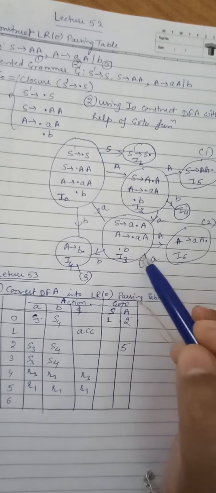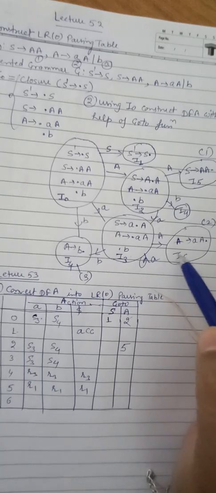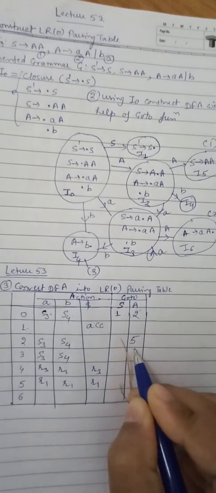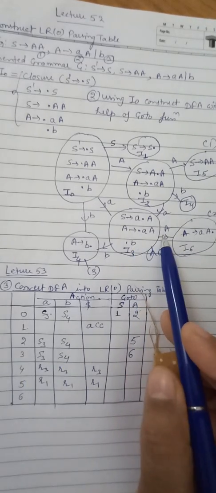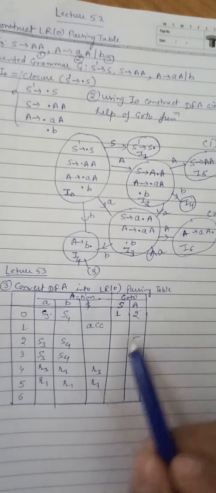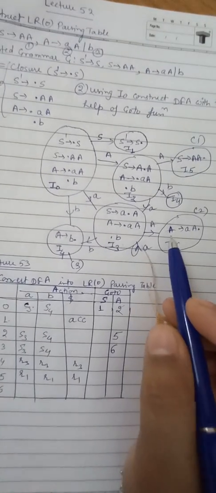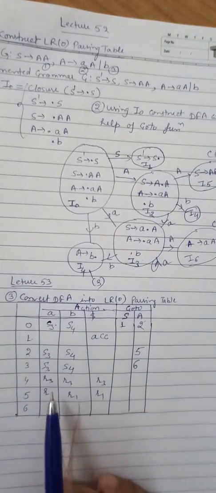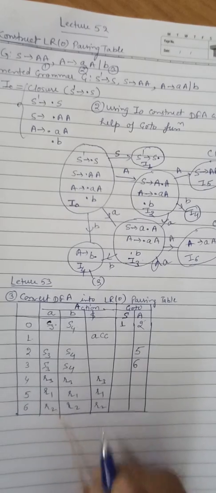From the third state, I3, for variable A we go to I6, so we will write 6 here. And at the sixth state, the second production is completed, so we will write R2, R2, R2.